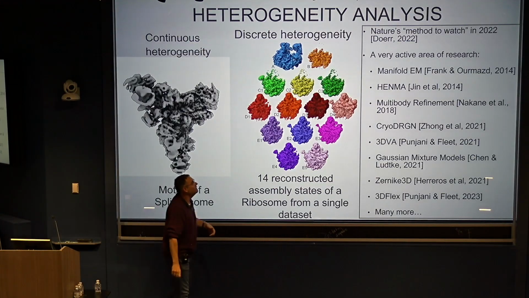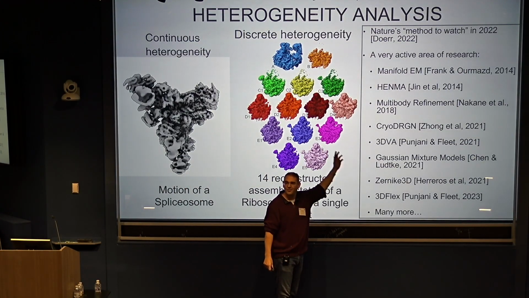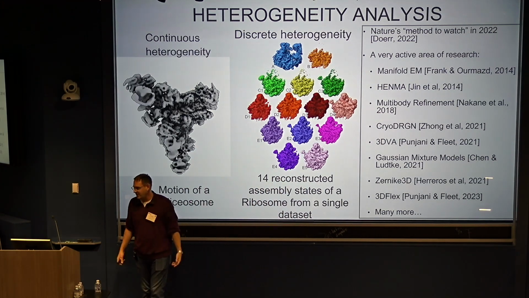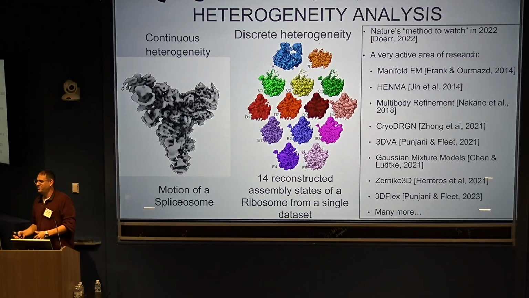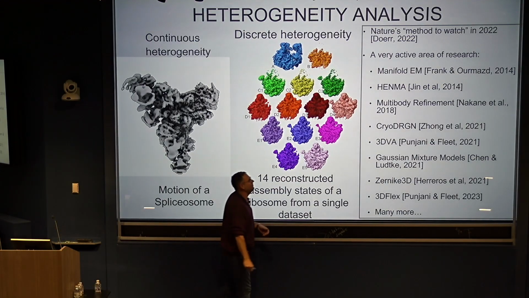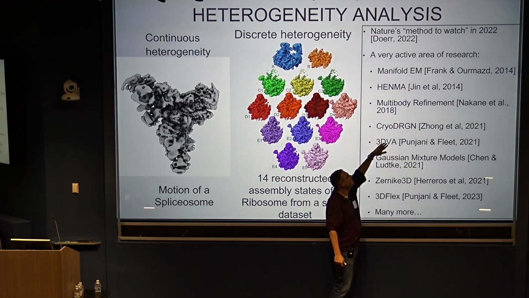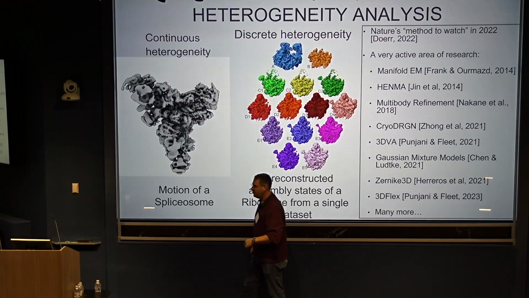I listed just a few of the methods that were developed recently. There is a lot of activity in this area in terms of method developments. Many of these methods are based off deep neural nets. The most successful one and the most popular nowadays is what's called CryoDRGN, developed by Ellen Zhong, who is now in computer science at Princeton.